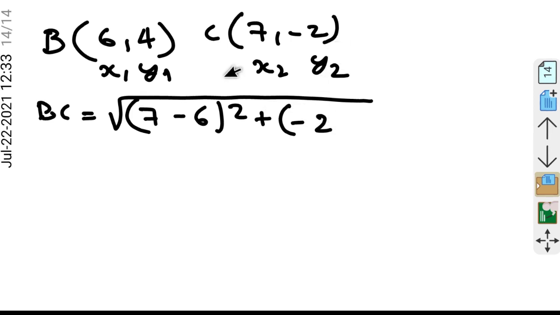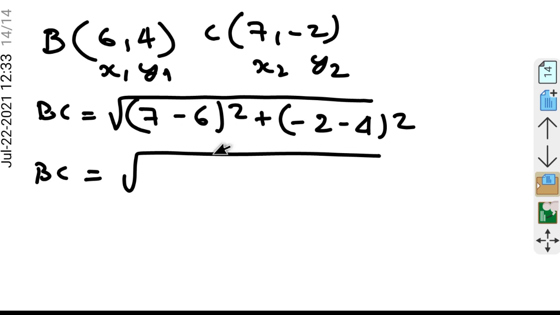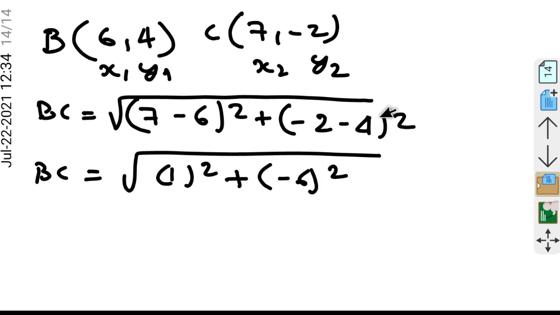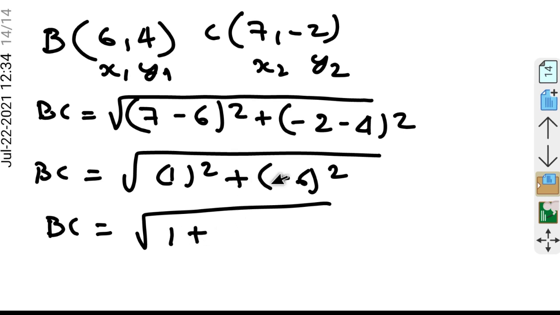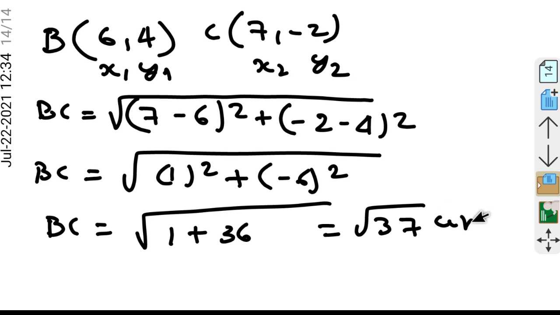Y2 is minus 2, y1 is 4, whole square. So BC equals under root of 7 minus 6 is 1 square, plus minus into minus is plus, so 4 plus 2 is 6, it's minus 6 whole square. Therefore BC equals under root of 1 square is 1 plus minus 6 square is 36, so 1 plus 36. The answer is root 37 units.